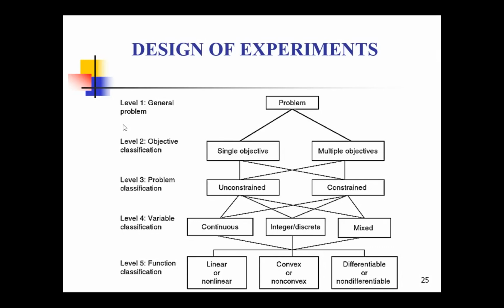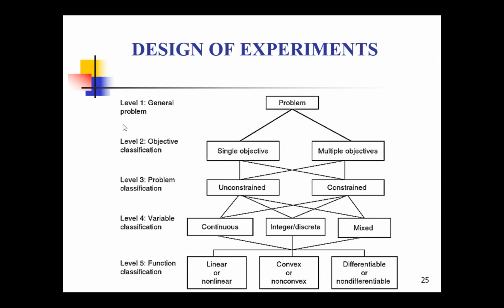In the turning operation, the outputs that we are going to determine or calculate may be different. For example, tool wear, material removal rate, surface roughness, cutting forces. There are many outputs. If I am going to consider only tool wear, then it becomes a single objective. Along with tool wear, if I am going to consider material removal rate and surface roughness, then it becomes multiple objectives.